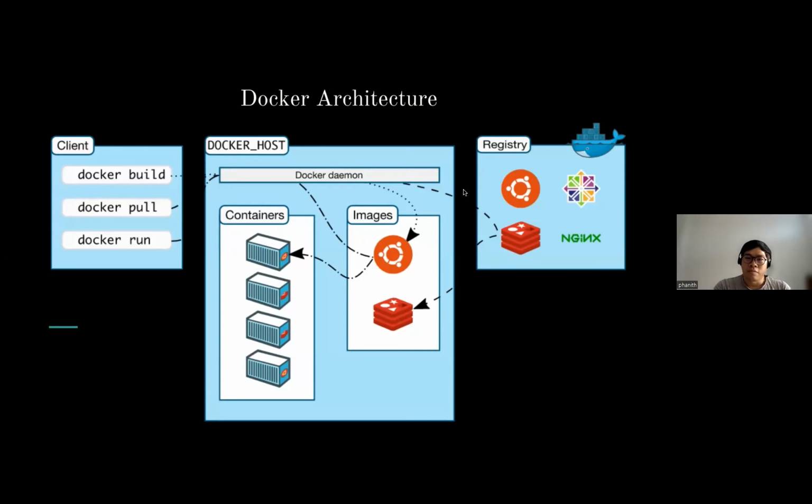To run Docker, we need a Docker image. We can build the Docker image on our local machine, or pull it from a registry where we can store Docker images. And we can take a look at a lot of Docker commands for managing the application.